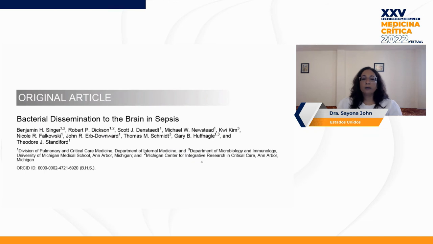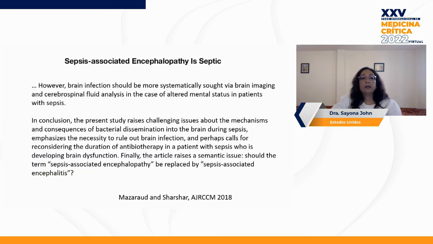Now, where this starts getting confusing to people like me, we are neurologists, is the fact that there's so much additional information now available about what is happening in the brain during sepsis. So this article deals with the bacterial dissemination during sepsis, and sepsis-associated encephalopathy is actually a result of the fact that you have infection also involving the brain.